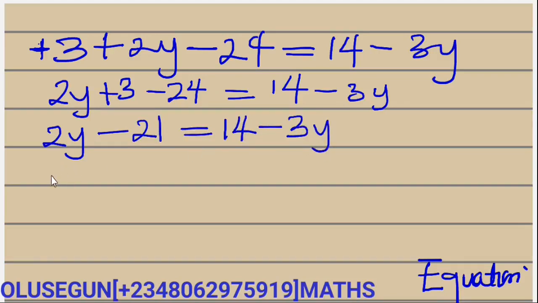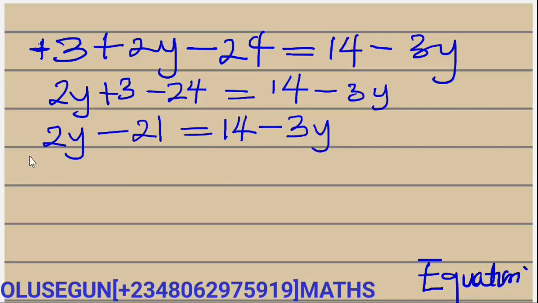So the first thing you are going to do is collect the like terms. But before collecting the like terms, there are some factors that you must put in place. What is the formula to use?